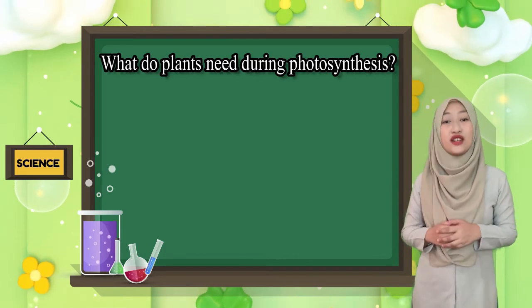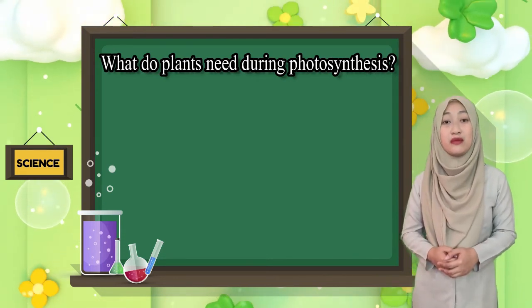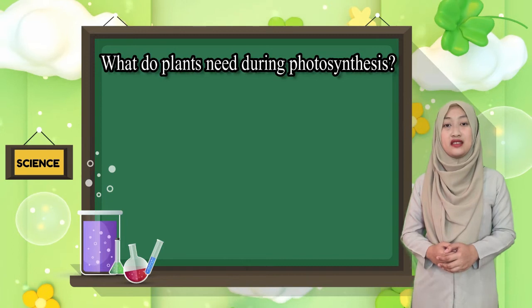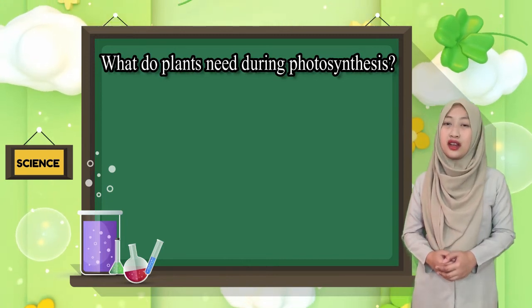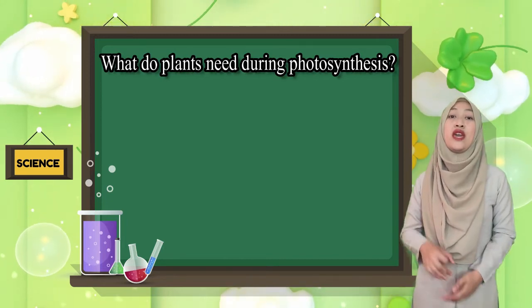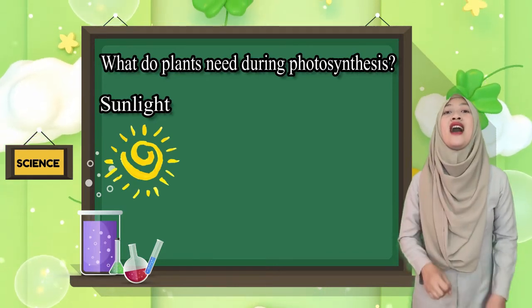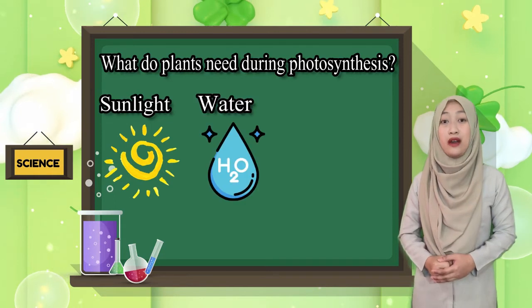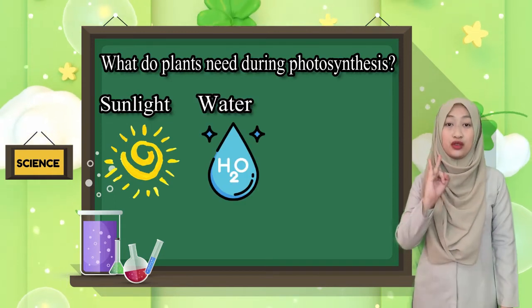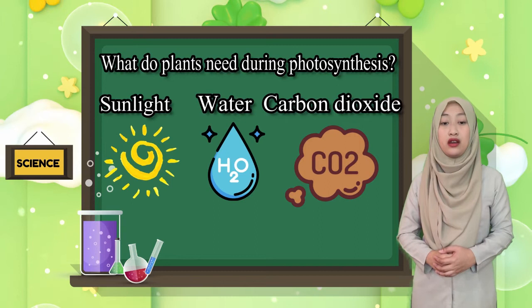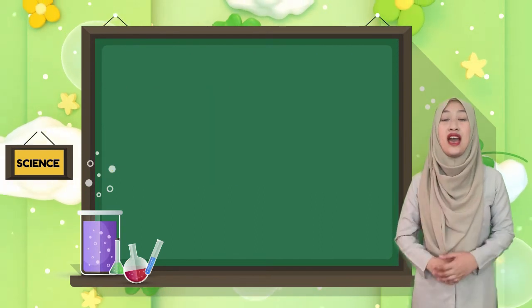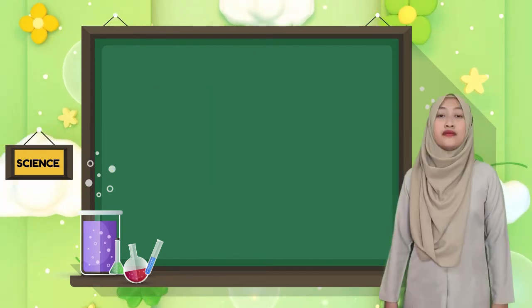Plants need raw materials in order for them to undergo photosynthesis. So the question is, what are these materials? We have three. First, we have the sunlight. It needs energy from the sunlight. Number two, we have the water. And then number three, we have the carbon dioxide.